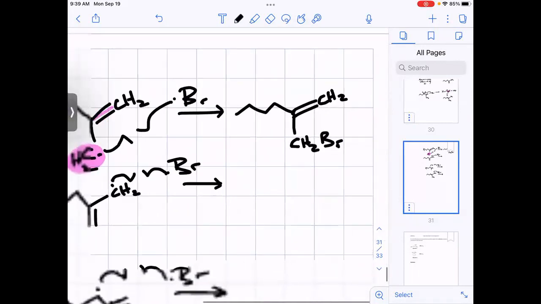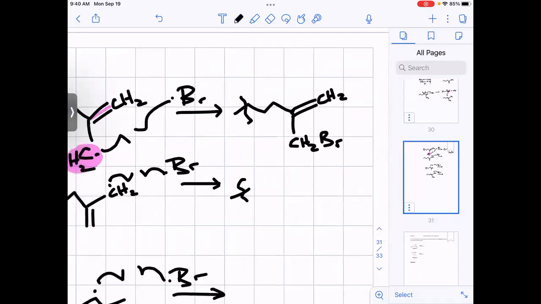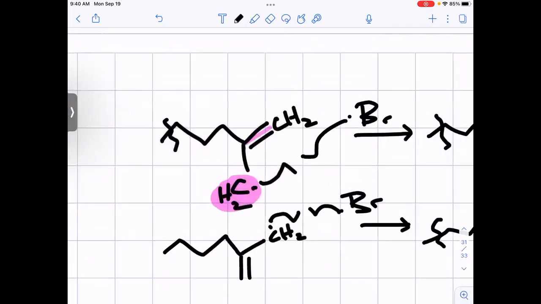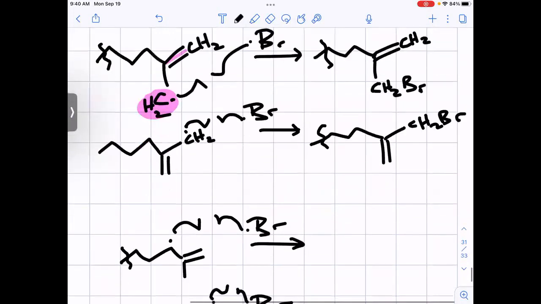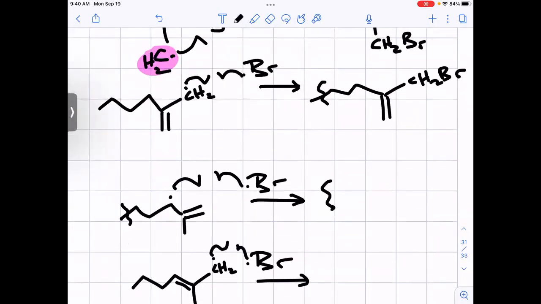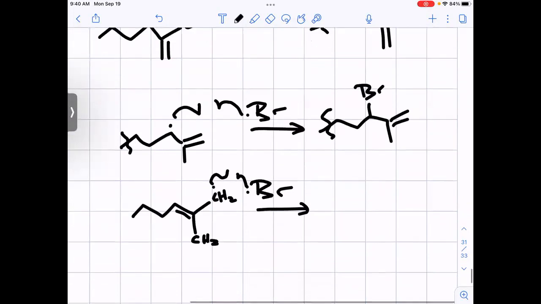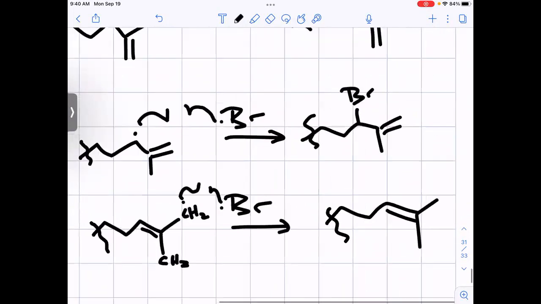Right, same thing here. And I'm abbreviating the structure. It's going to be CH2Br, and then here, bromine is here, and then here the bromine is going to be here.